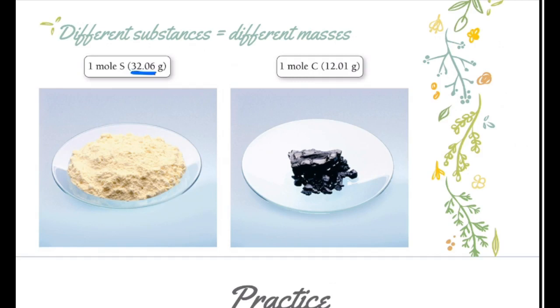So sulfur has a mass of 32.06 grams per mole, and carbon has a mass of 12.01 grams per mole. And that's really helpful for us in the lab because I can go and get a mole of a substance and weigh out how much that is. And then I know how many atoms of sulfur are in my sample using Avogadro's number, which is pretty cool.